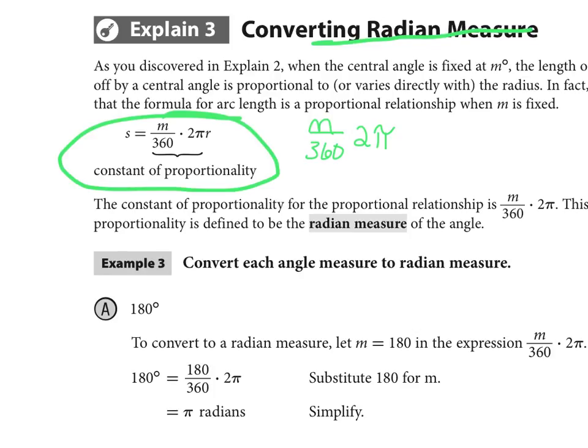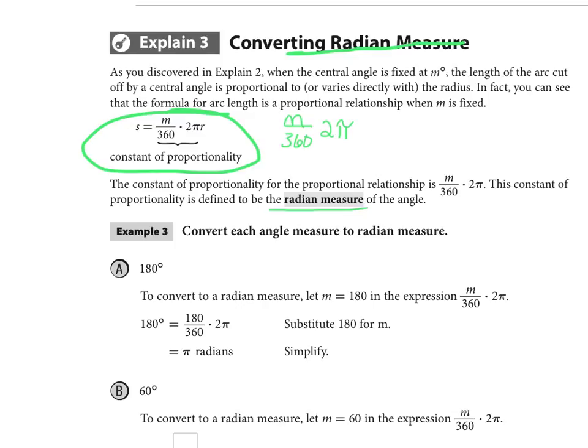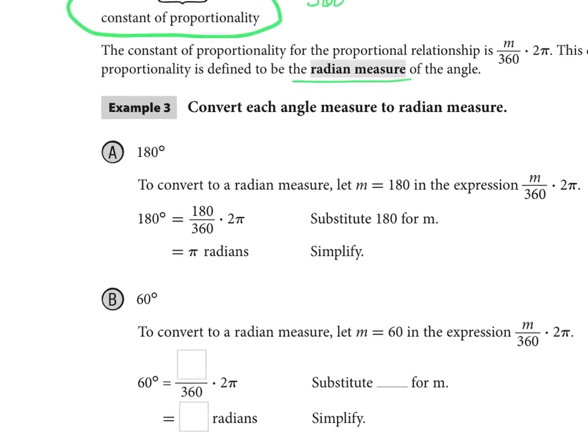And this ends up being what they call the radian measure. So we are going to convert angle degrees to radian measures. That's the next thing that we need to learn.